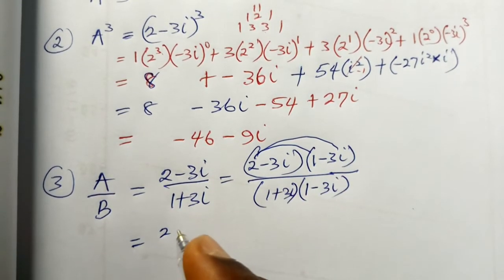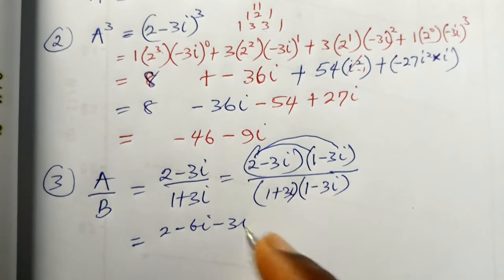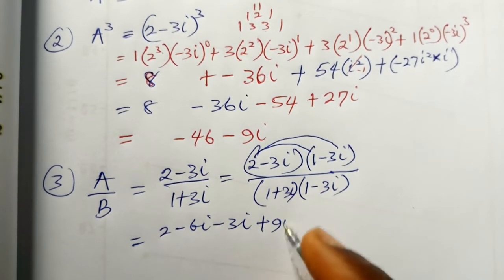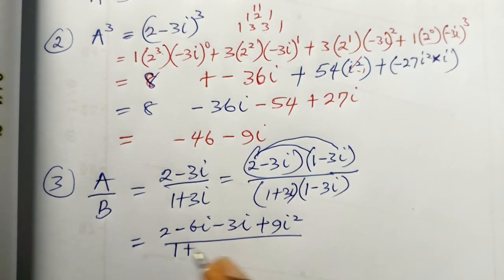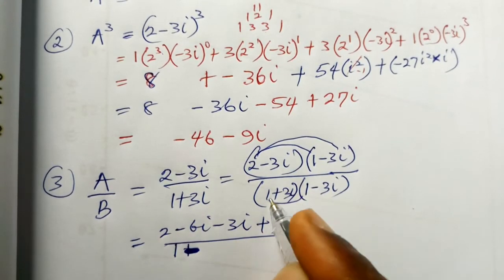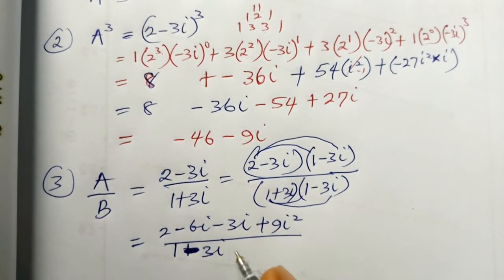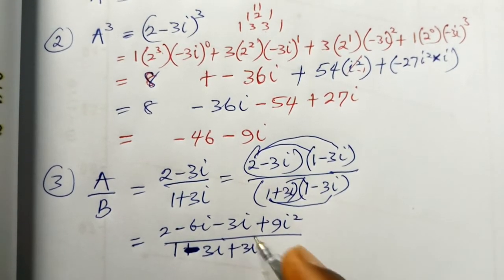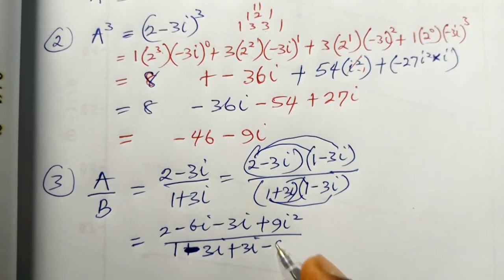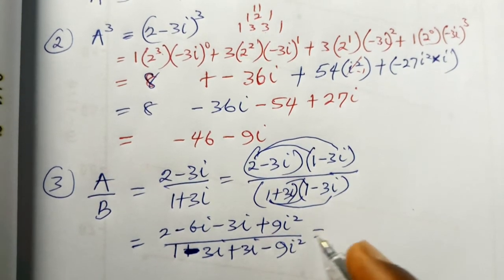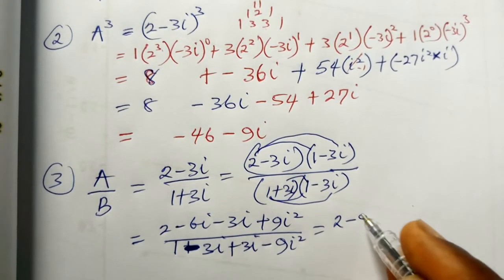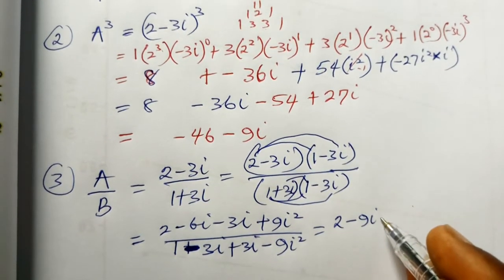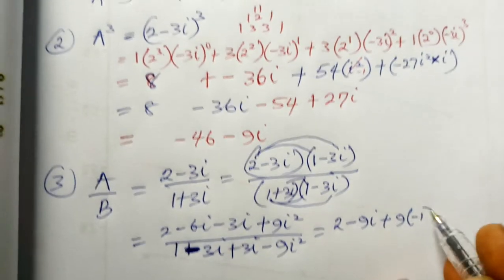So you get 2 minus 6i minus 3i plus 9i squared all over, for the denominator, 1 minus 3i plus 3i minus 9i squared. The numerator is 2 minus 9i plus 9 times minus 1.